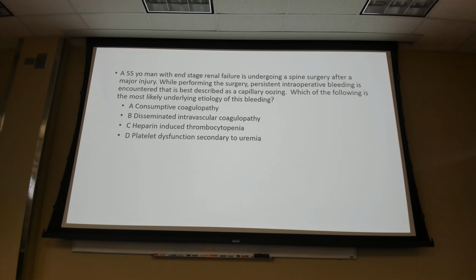Good, all right. Got a 55-year-old, end-stage renal failure, undergoing spine surgery. While performing the surgery, persistent intraoperative bleeding is encountered, and it's described as capillary oozing. What do we think of the underlying etiology on this? D, yeah. Why?